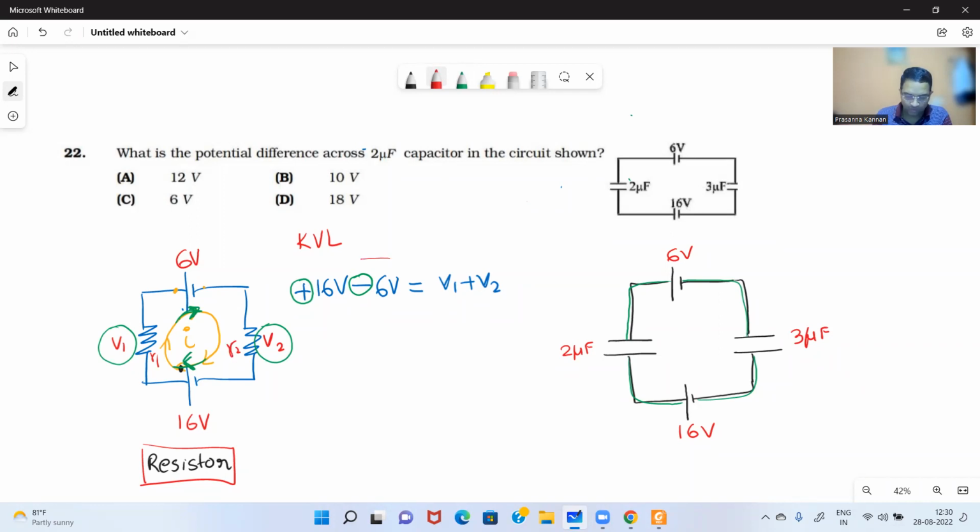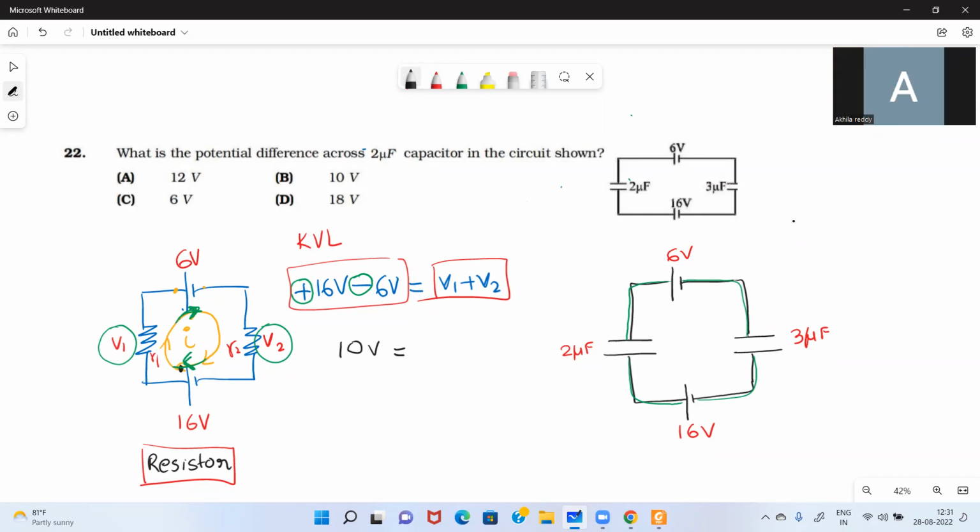So your total voltage, 16 minus 6, is equal to the total voltage that is getting consumed. What is it? V1 plus V2. So 16 minus 6 is 10 volts, so 10 volts is equal to V1 plus V2. What is V1? See here, these two resistors, how are they connected? In series or in parallel?